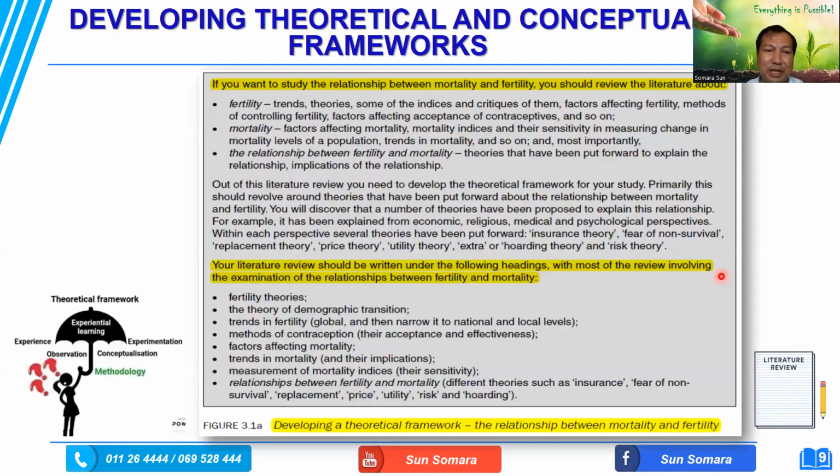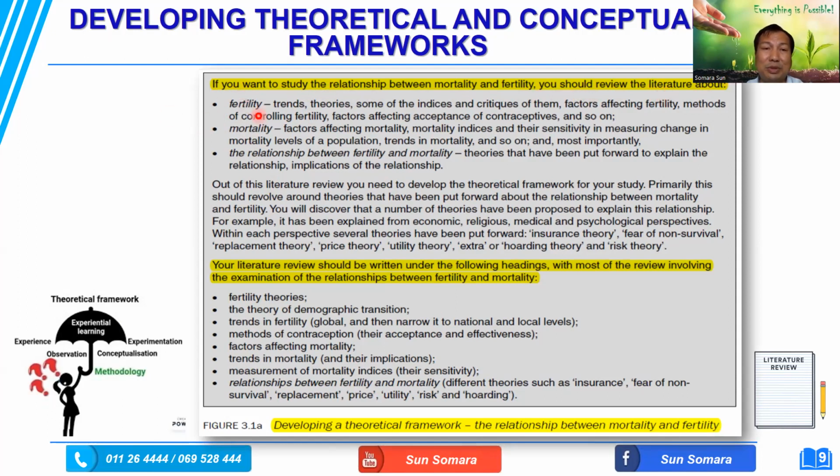You can see an example here. This is about the way they develop a theoretical framework, the relationship between mortality and fertility, about the correlation study here. You can see the first one: if you want to study the relationship between mortality and fertility, you should review the literature about what?